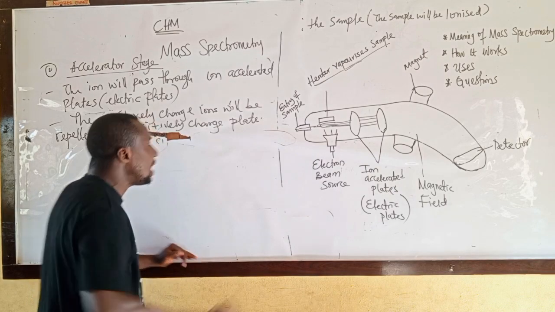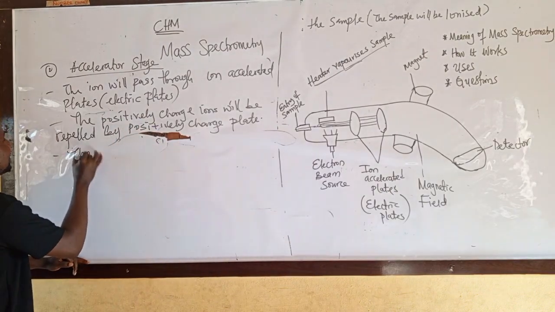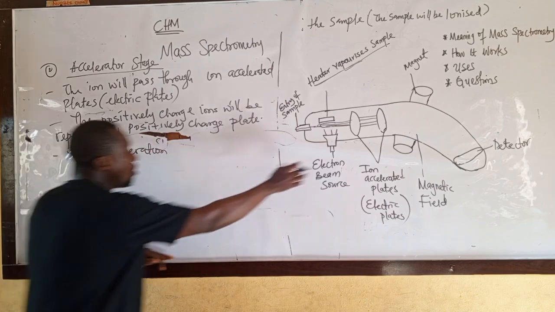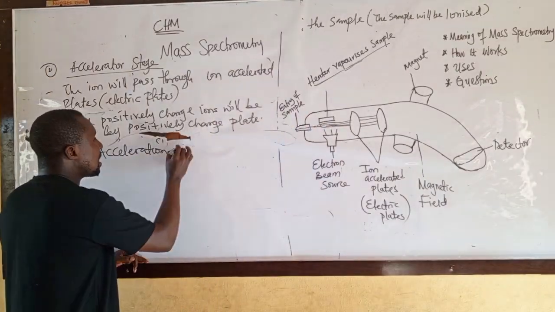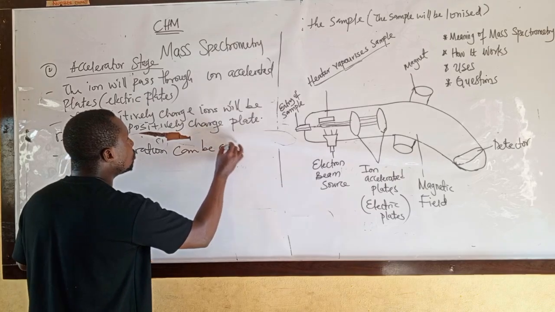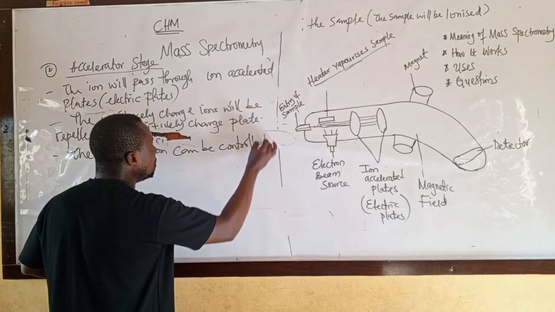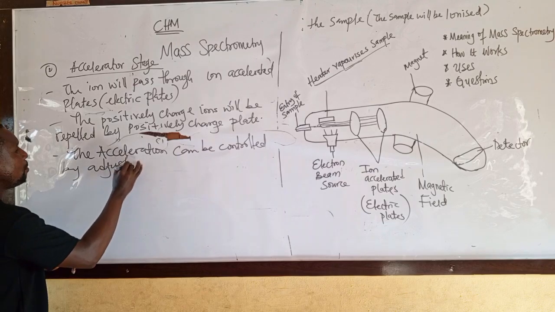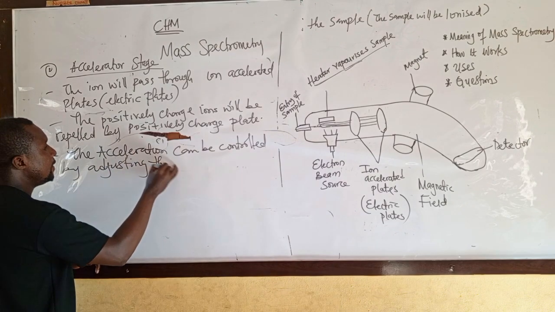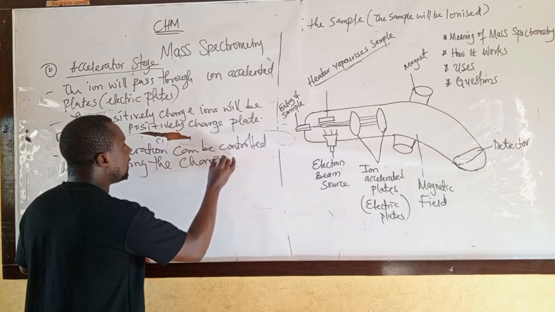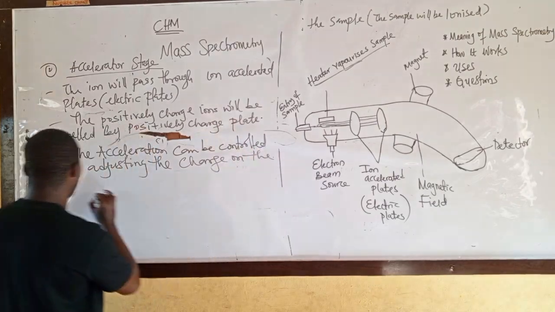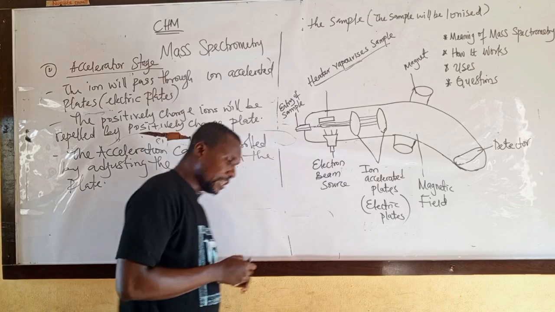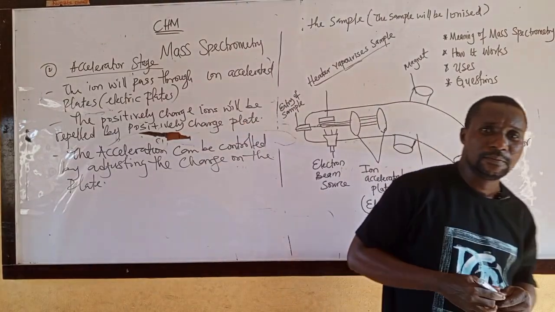Take note. The acceleration that will occur at this stage can be controlled by adjusting the charge on the plate. Take note. That is what will happen at that plate.